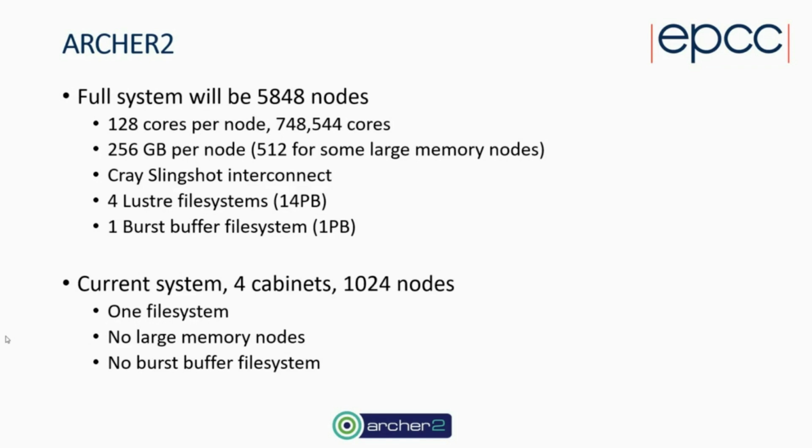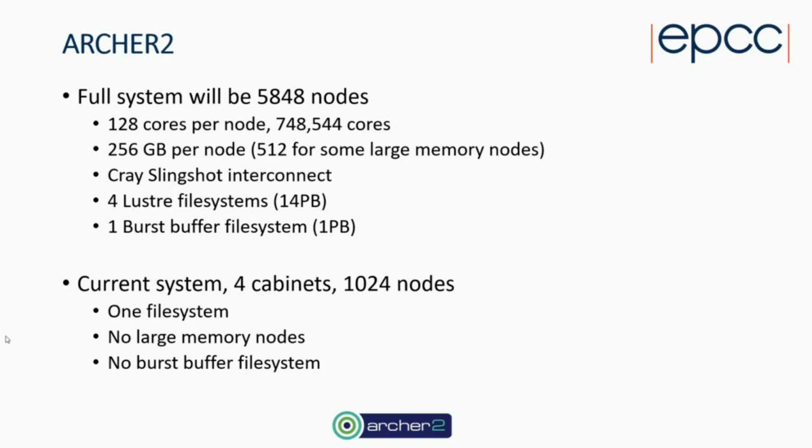And then there will be a bunch of file systems associated with it: 4 Lustre file systems, each about 3 or 4 petabytes, and a burst buffer file system as well. So there'll be a high performance file system, even faster than the Lustre file systems.